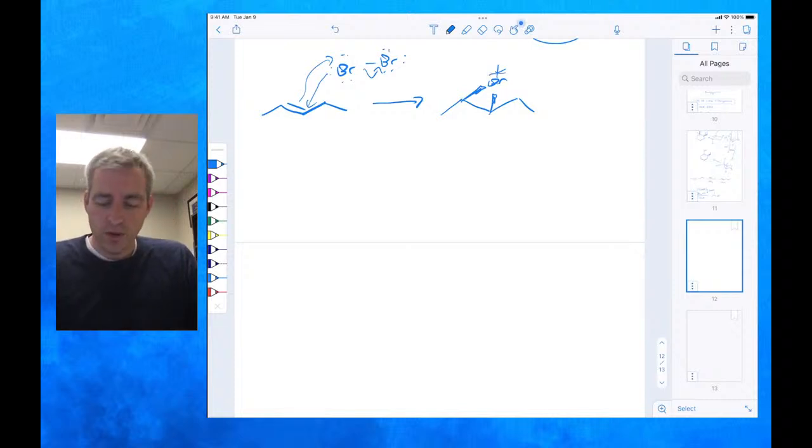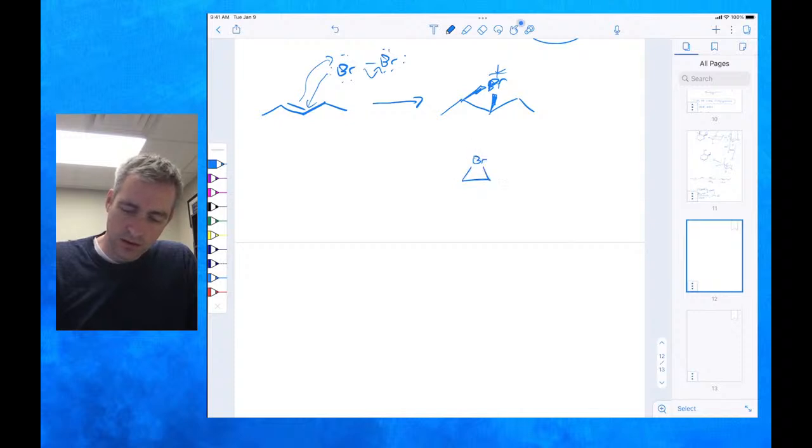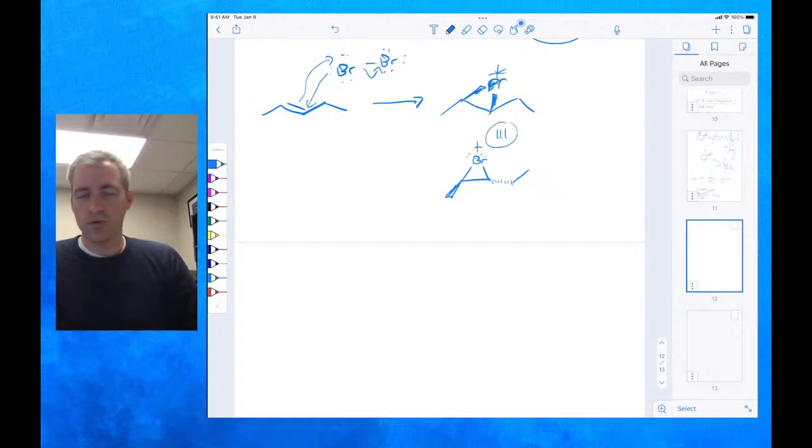There's lots of different ways you could draw this. You can see the way I've drawn it, a little bit messy there, but it's showing the Br is coming out towards us. You could also draw that like this. Those are the same thing. Both are correct, both are acceptable. You can draw it basically any way you like.